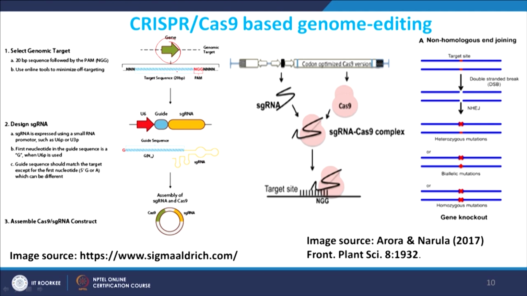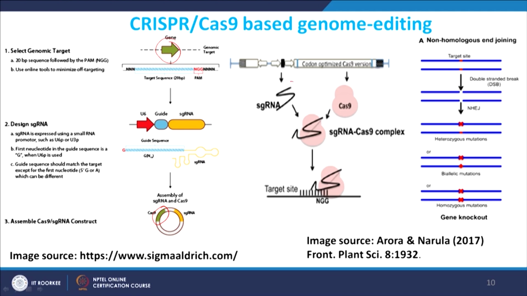So you can target a region near the PAM sequence and generate a guide RNA specific for this sequence, and then you clone this guide RNA in a vector. In the same vector you can clone the Cas9 endonuclease, and when you make a transgenic plant with this, both partners will be expressed there.